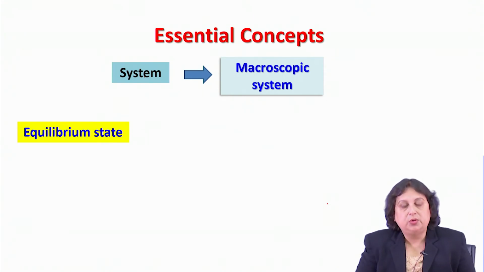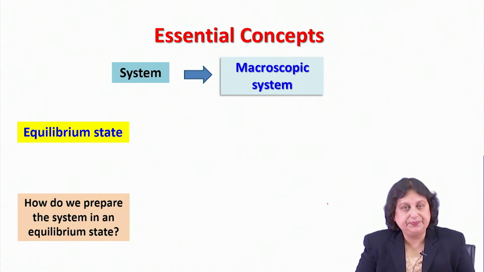So first of all, one asks, if you know your system of interest, then how do you define the equilibrium state of this system? And once you define the equilibrium state of the system, then experimentally, how do you prepare the system in the specified equilibrium state?